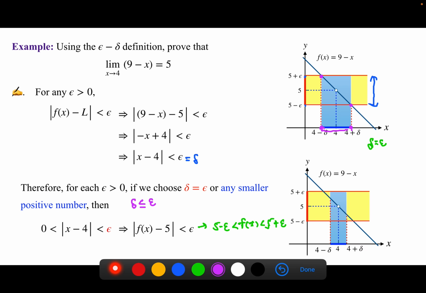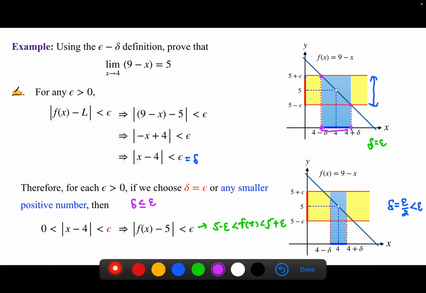If we choose delta equal to epsilon by 2, smaller than epsilon, then you also see here that for these x values within this delta band, function values are inside this epsilon band.